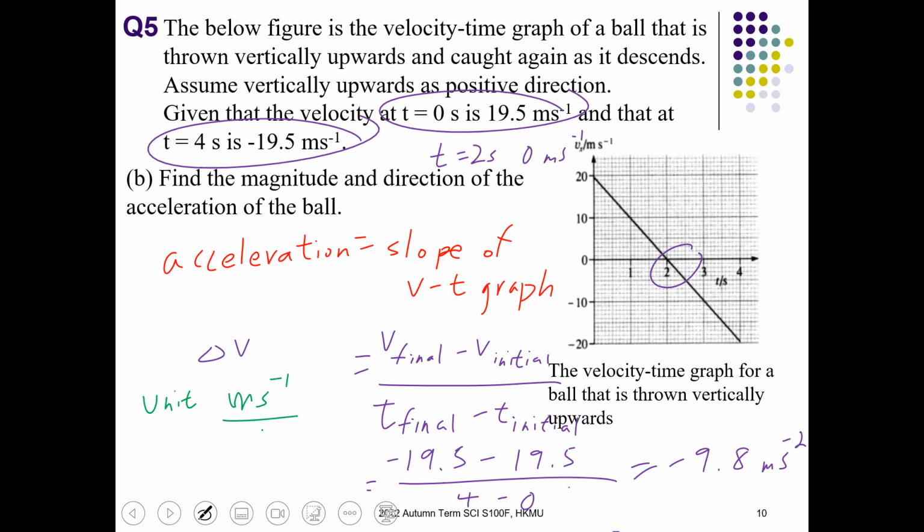Time is in second, so that we can deduce that the final unit of our answer, which is the acceleration, is meter per square second. So this is a very good alternative to find out the unit of your answer. In case you do not remember the SI unit of the physical quantity, you just go to your formula and derive your own unit.